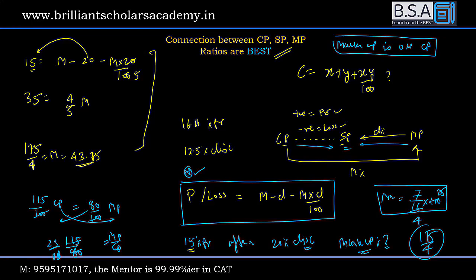Profit percentage, cost price denominator. Loss percentage, cost price denominator. Markup percentage, cost price denominator. Discount percentage, marked price should be in the denominator. That is called the base of calculation.